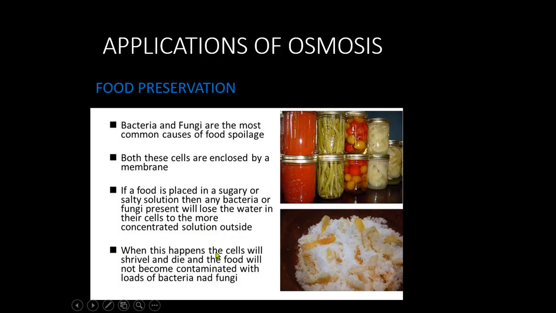When this happens, the cells will shrivel and die, and the food will not become contaminated with loads of bacteria and fungi, right? So this is one way that we preserve food. We can preserve it either using a very high salt concentration or a very high sugar concentration. That would be, for example, jams or jellies, or for salt, it will be like salt fish and so on.